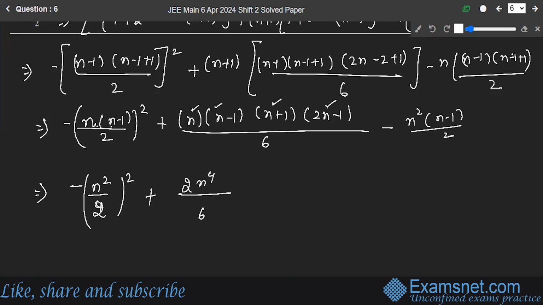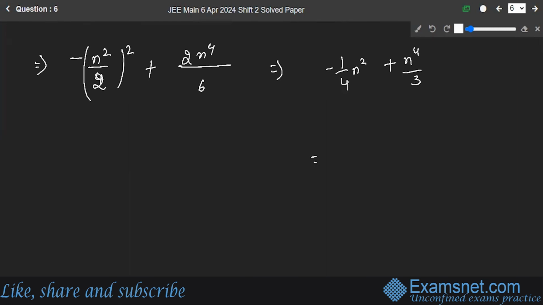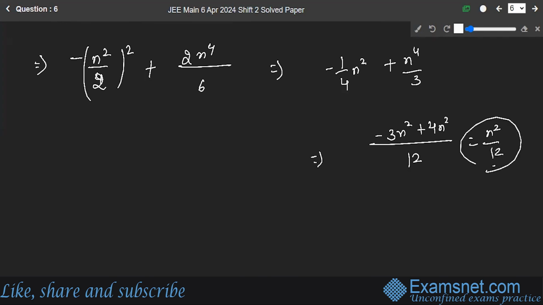You will check that the highest power, n power 4, is only in these two terms. All are having lesser powers of n. So this will be minus 1 by 4 into n power 4, plus n power 4 upon 3. Let's take the LCM, 12. This is n power 4 by 12 for the numerator.